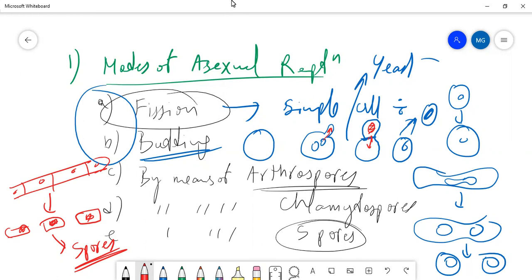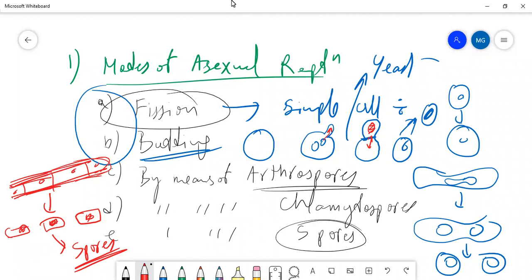And what is a chlamydospore? What do you mean by chlamydospores? Chlamydospore में आपने याद रखना है, how it differs from the arthrospores is that before separation, the cells of the fungal hyphae become thick walled. So in chlamydospores, the cells, before they start separating, become thick walled. The walls will become thick, and then they get separated.